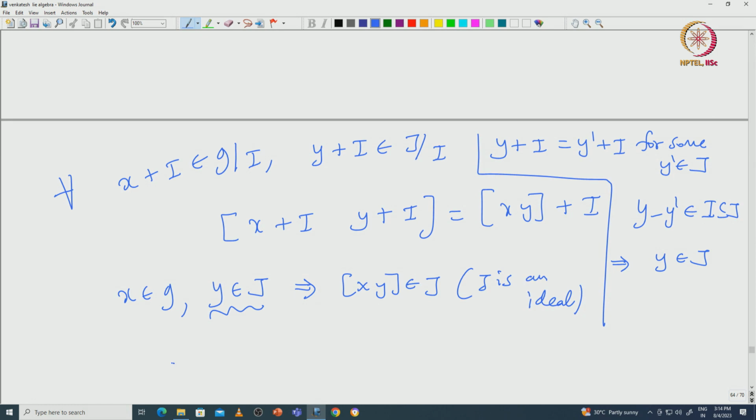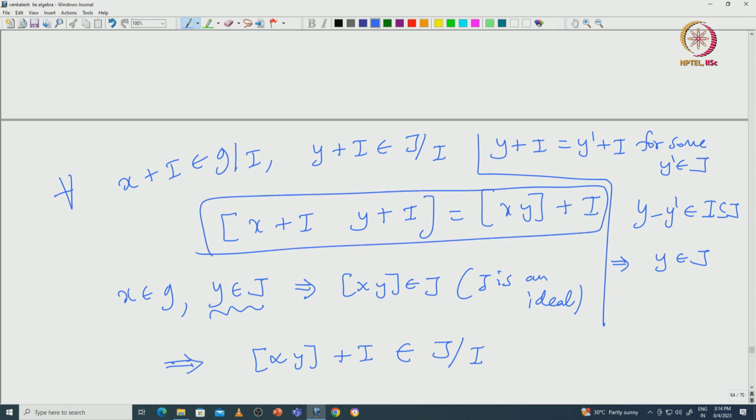So bracket x, y plus I is inside J mod I. That verifies that J mod I is an ideal.